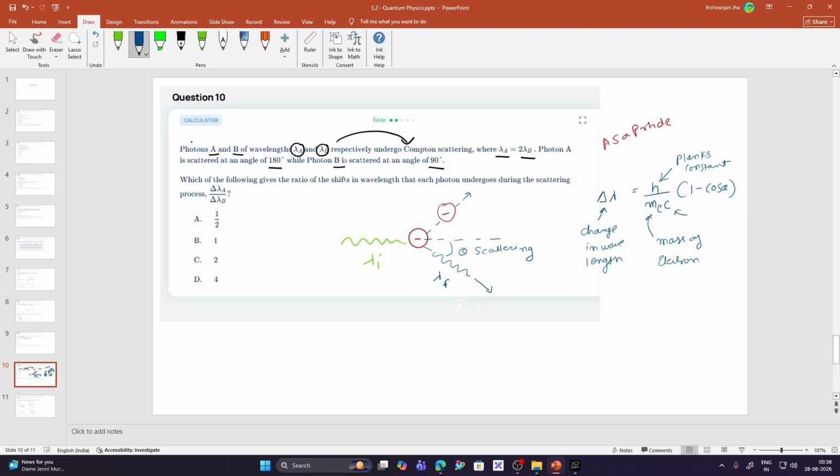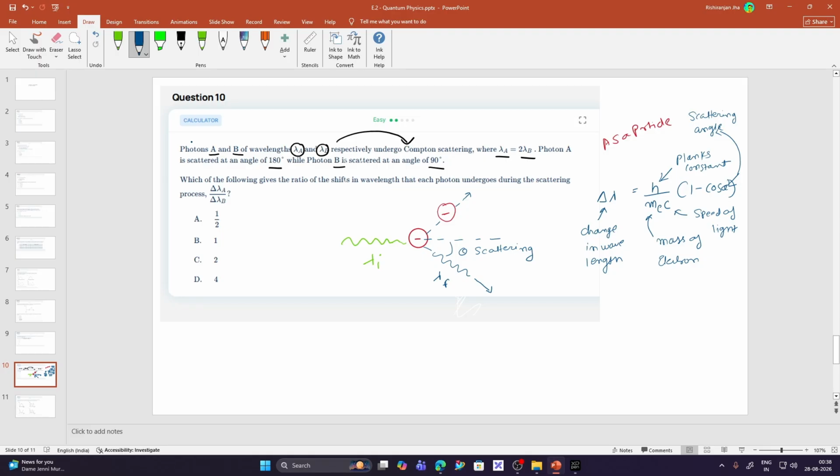And c is the speed of light, and this theta here specifically is the scattering angle. So now we know the diagram, we have the equation.